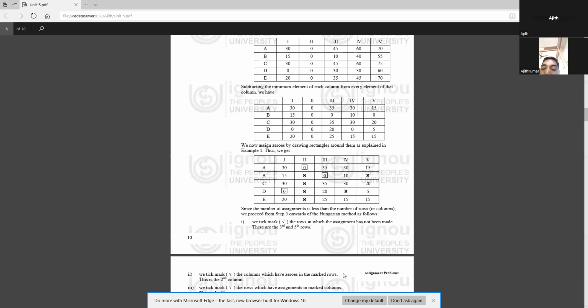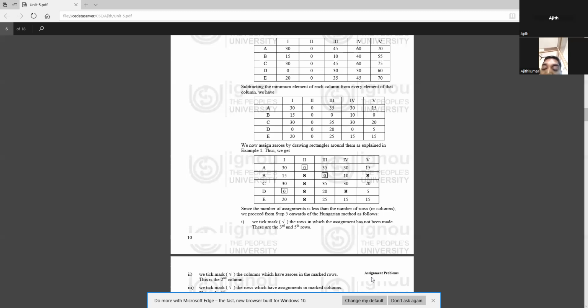So now we apply the Hungarian method. Before applying it, the number of allocations should equal the number of persons. Here only 3 allocations are made, but the number of persons is 5.